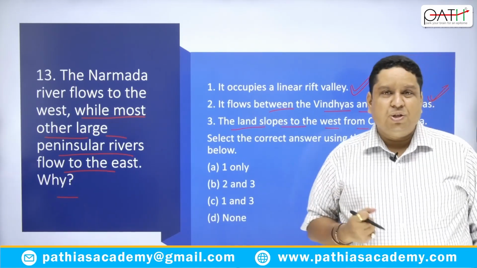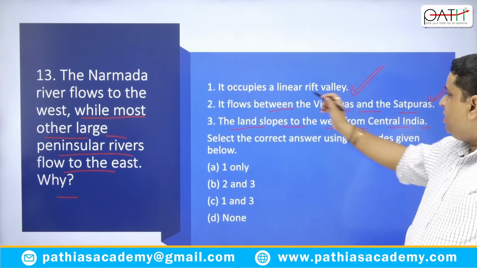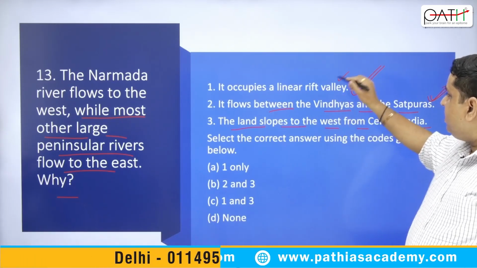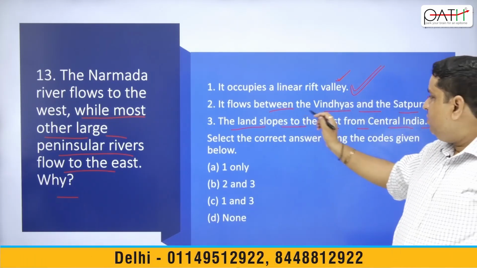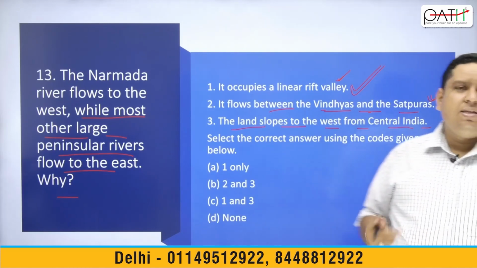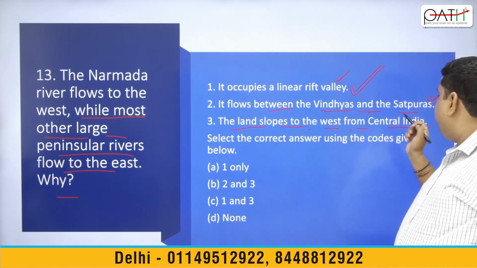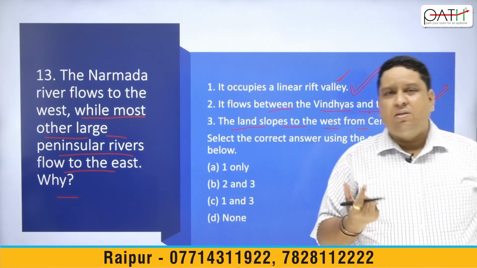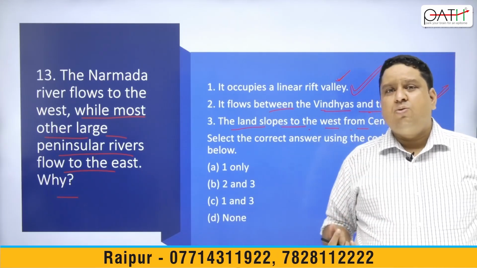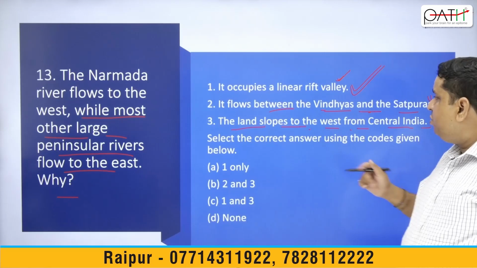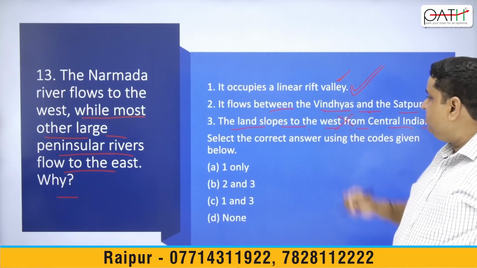So this is the question. It occupies a linear rift valley. This statement is correct. It flows between Vindhya and Satpura. Yes, this statement is also correct. The land slopes to the west from central India. This statement is incorrect. Land is sloping from west to east only. Okay. So third statement can be eliminated.